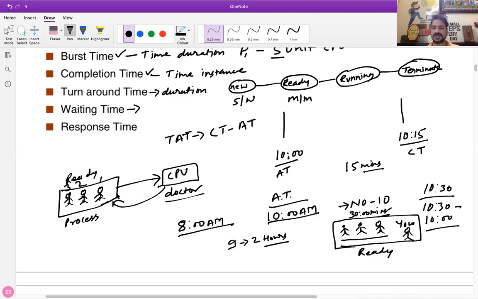So in that scenario, if the patient who came at 8 o'clock has not finished diagnosis by 8:10, the patient has to wait again.